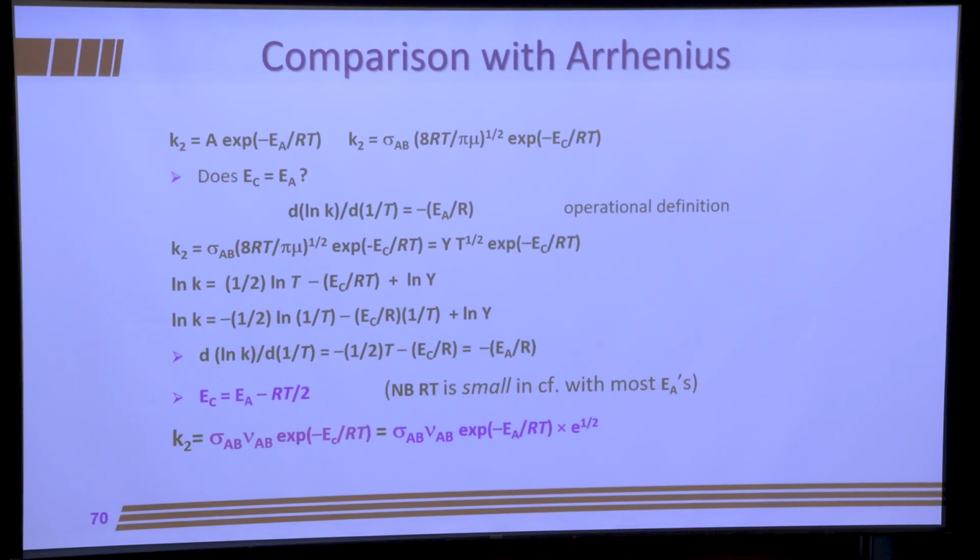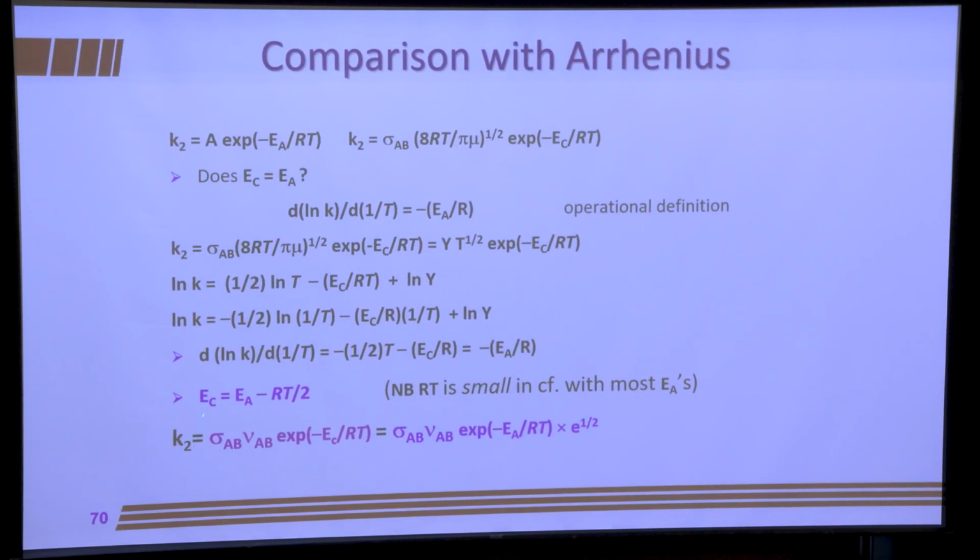So again, the derivative of log K with respect to 1 over T then is equal to minus a half T minus the critical energy over R, okay? And this is then equal to, based on the Arrhenius equation, minus EA over R, because that's what we got from the Arrhenius equation, okay?